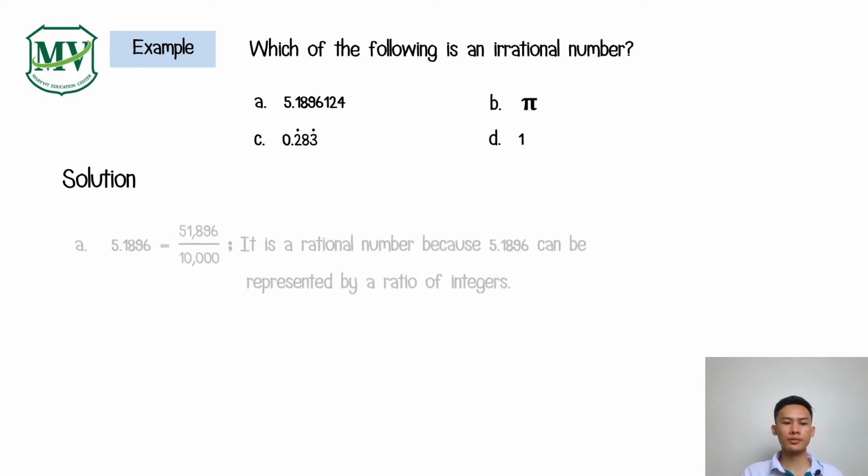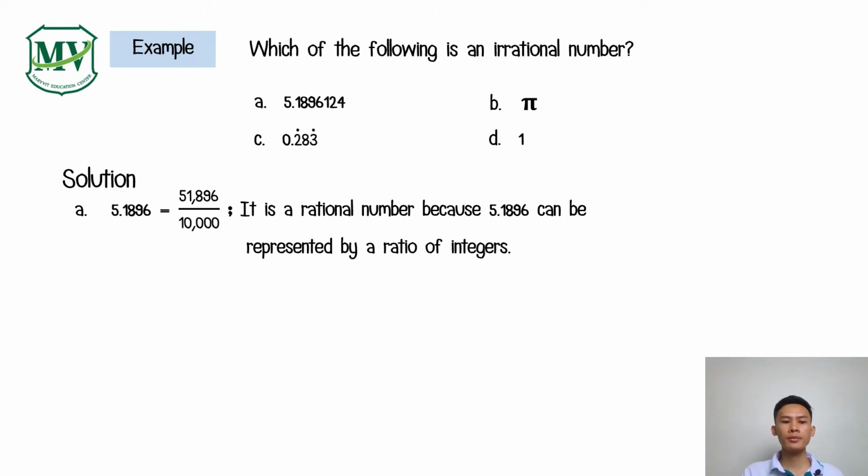Let's see the solution. In letter A, 5.1896 is equal to 51,896 over 10,000. It is a rational number because 5.1896 can be represented by a ratio of integers.